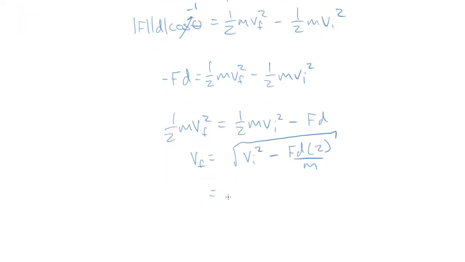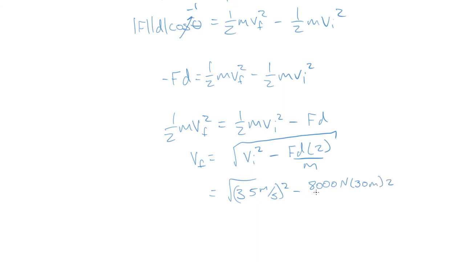All right, now I'll plug in some numbers. Initial velocity was 35 meters per second, and I'm squaring that. My force is 8,000 newtons. My distance is 30 meters.